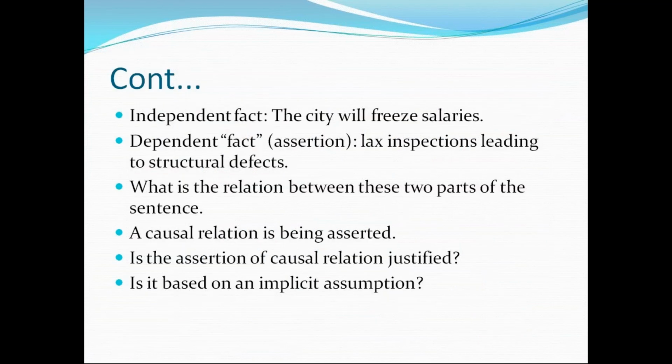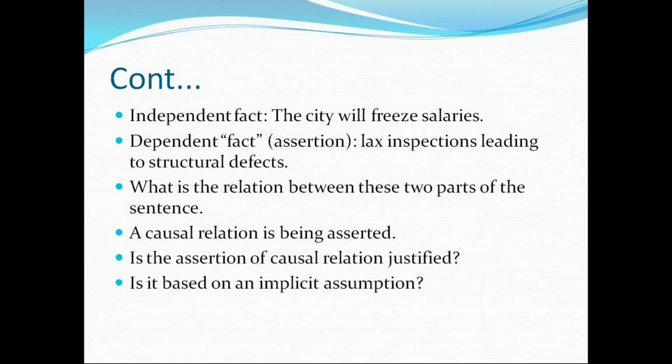So just to analyze it in a bit more detail, the independent fact here is that the city will freeze salaries. And the dependent fact is the assertion that lax, which means lazy, inspections lead to structural defects. And what is the relation between these two parts of the sentence? So a causal relation is being argued for.